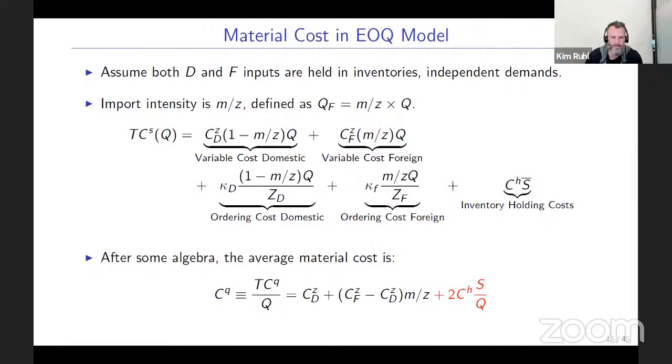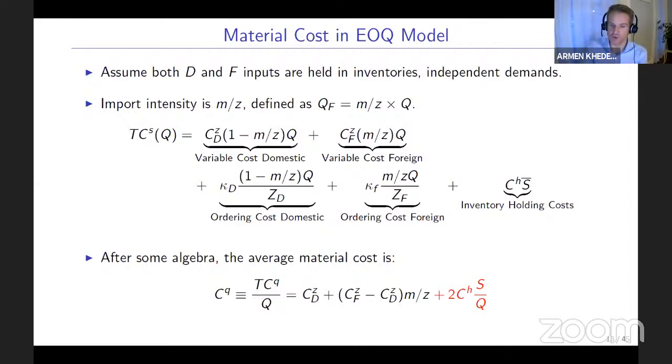I thought the story we were talking about at the beginning was I switch from buying domestically to buying foreign, and that induces, is that still what's going to happen? So in the model that we write down later on, which I don't want to show you today, we have this mechanism where you're substituting towards that good.